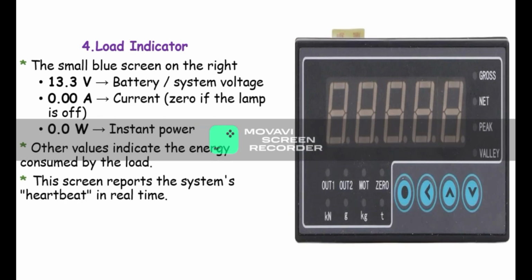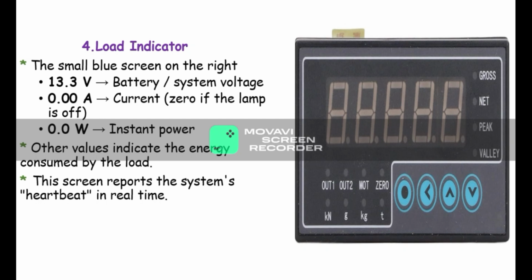The fourth component we need to talk about is the load indicator. The small blue screen on the light: if 13.3 watts is displayed on the screen, that means it takes that amount of power from the battery.